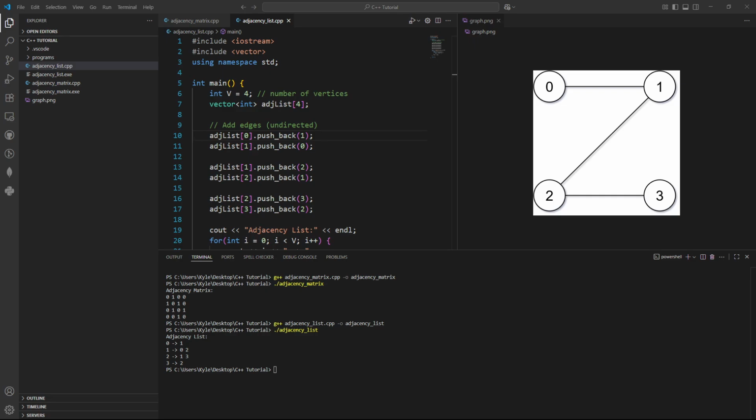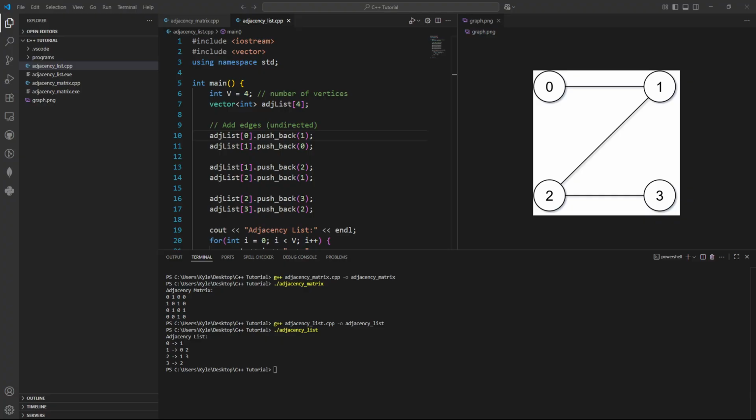Adjacency list is kind of the opposite. It's very space efficient, but it takes a little more time complexity. But easy neighbor traversal is a plus. You can see a direct list of what nodes are connected to a particular node.